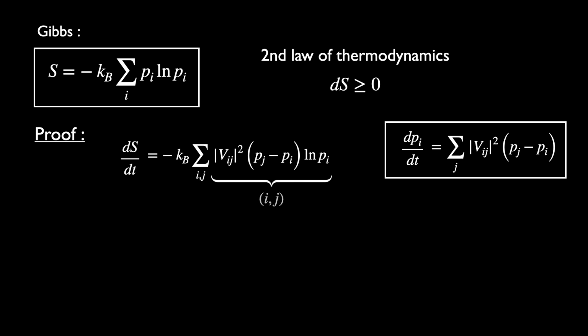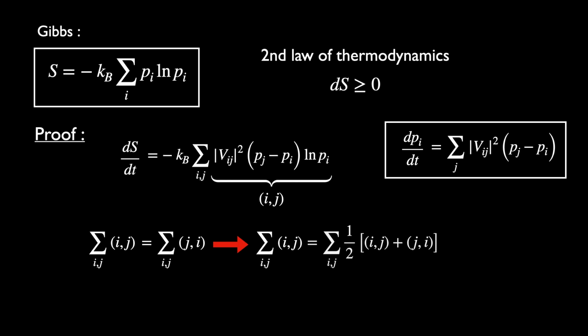Notice that even if we interchange the indices i and j in the summand, under the double sum, the result of the sum remains the same. Therefore, we can replace the summand with one that is symmetrized between i and j.